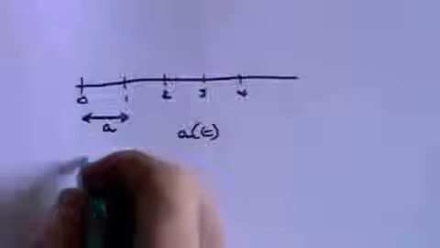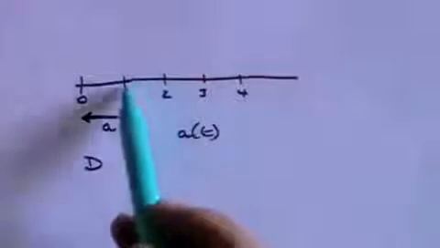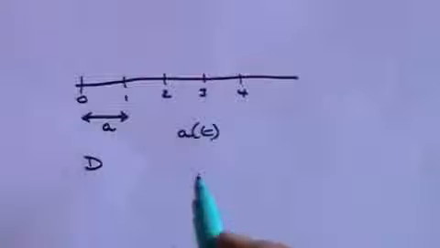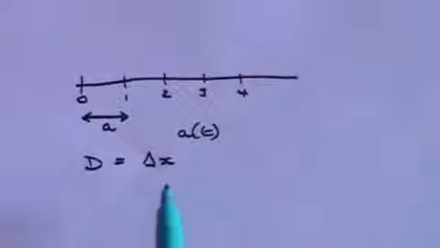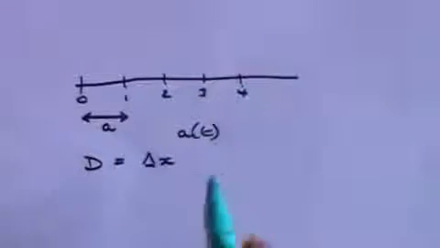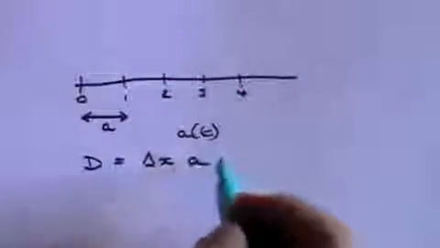Then we can say that the distance between any particular points we choose, let's say the distance between 1 and 4, that distance will be the change in the x-coordinate, 4 minus 1, times the distance between each coordinate, times a.